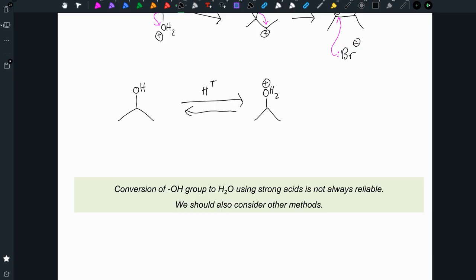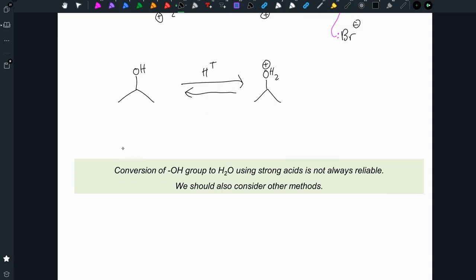A mistake that students often make is to say, oh, I'm going to protonate my alcohol, I'm going to add H plus, and now I'm going to add, say, CN minus and do an SN2 reaction to replace the alcohol.